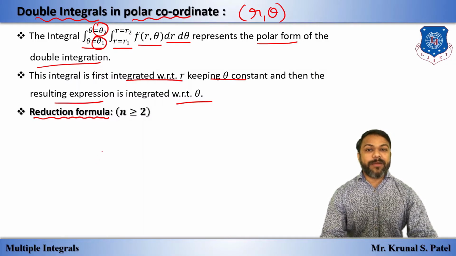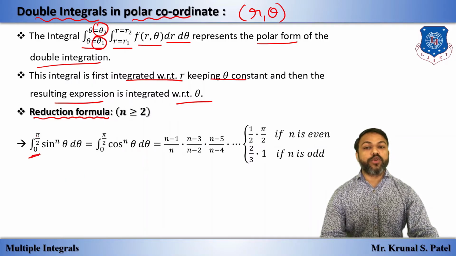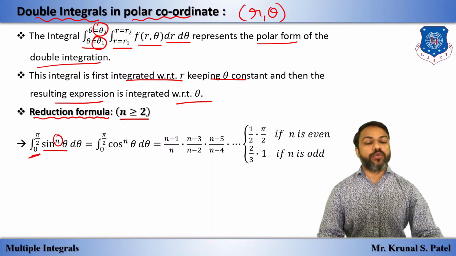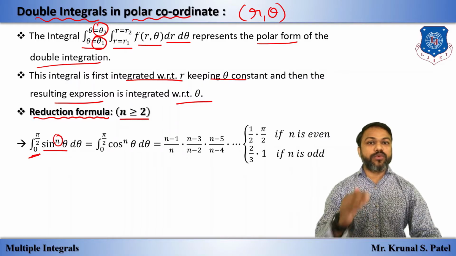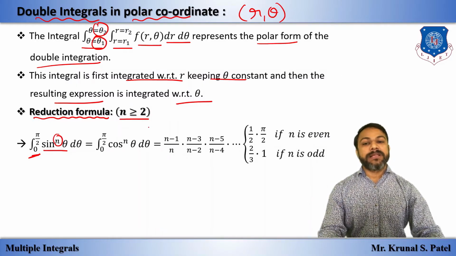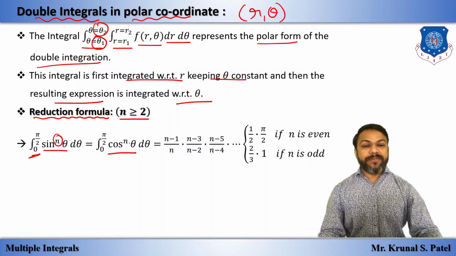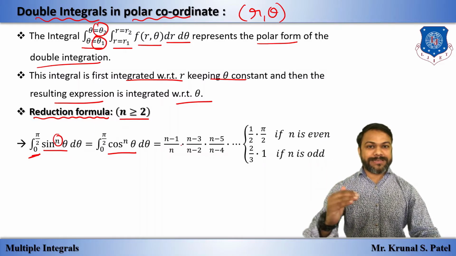We can apply the reduction formula if the integration is of this form: 0 to pi by 2 and sine raised to n, where n is a positive integer greater than or equal to 2, like 2, 3, 4, 5, 6. Similarly, we can apply it for cos also. If this is given, we have one standard reduction formula. By using this, you can directly calculate the integral. No need to solve all the steps.